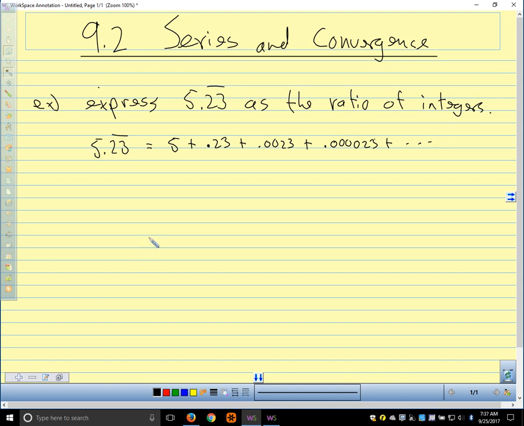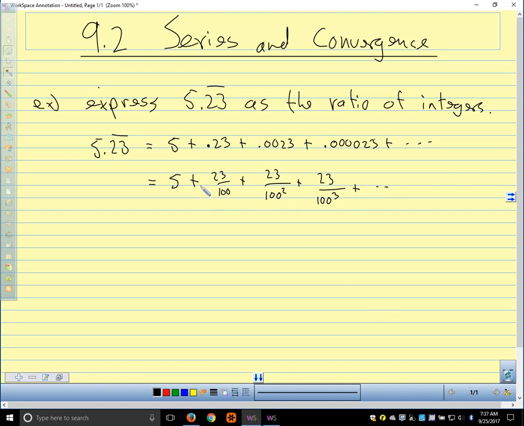Since we're talking about ratios of integers, this is 5 plus 23 100ths, plus 23 over 100 squared, plus 23 over 100 to the third, plus dot dot dot.